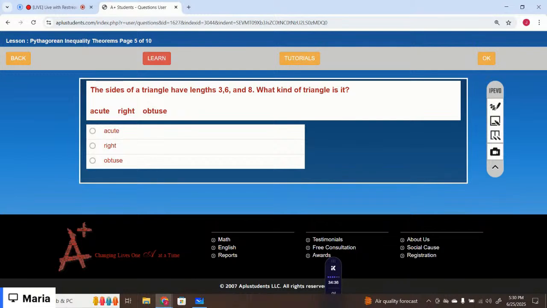the sides of a triangle have lengths 3, 6, and 8. What kind of triangle is it? Which is the correct option?